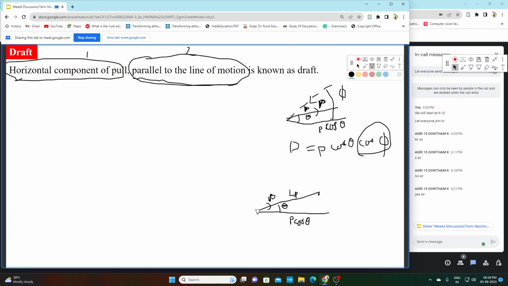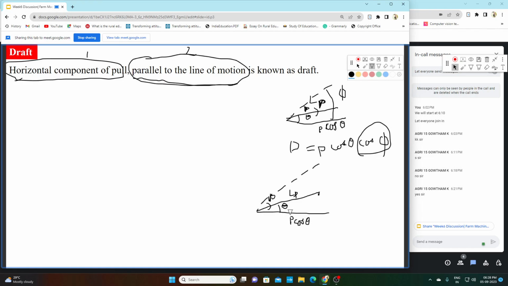Let's say our line of motion is in the depth of this plane. This is one plane, let's say the xy plane, and our line of motion is in xz. Let it be denoted by this dashed component.